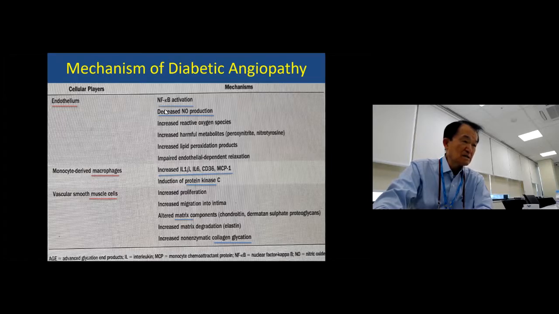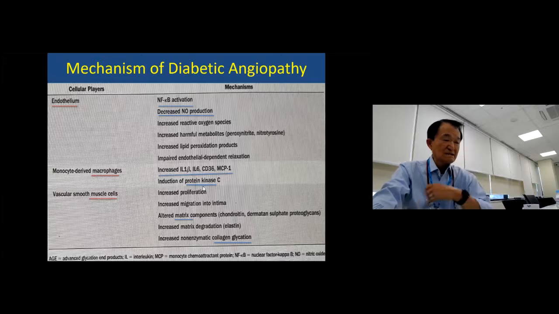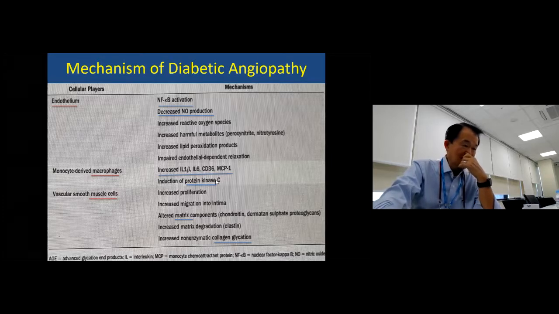So there are increased reactive oxygen species and certainly very harmful metabolites, including lactic acid, and also increased lipid peroxidation products. And in immune cells, macrophages, all kinds of cytokines increase, and C-reactive protein is also produced.